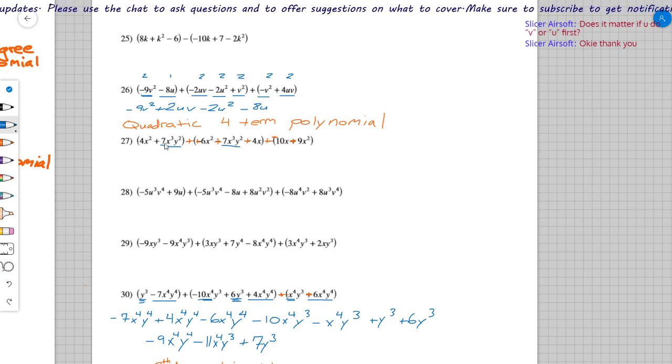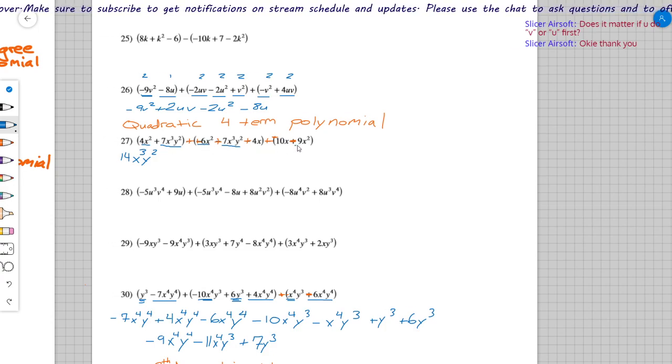So 7 plus 7 is going to give us 14. So these are done. Then we're going to go with our x squared. It's our next highest degree of 2. So underline all those real quick.